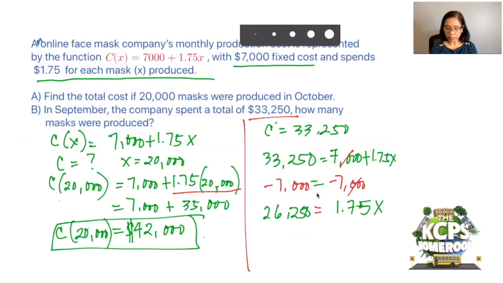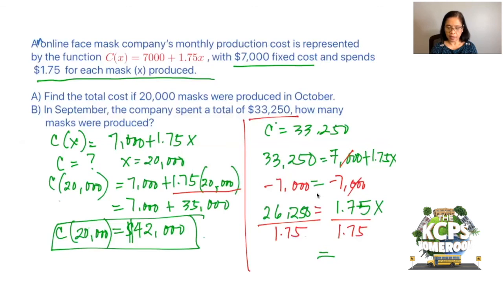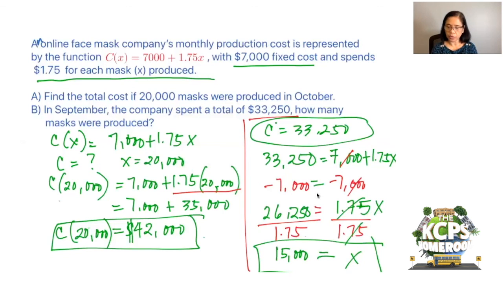By inverse operations, we solve for x by dividing both sides by 1.75. And this gives us now x is equal to 15,000. So this will be the number of masks that will be produced if the company spent $33,250.